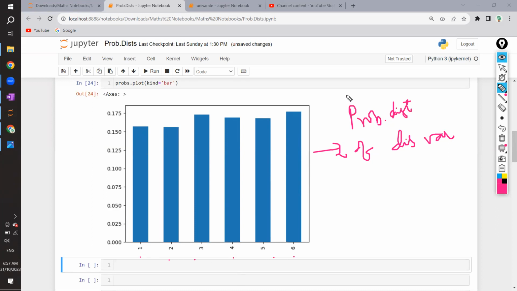We discussed bar graph, bar plot, and histogram some time back. A bar graph is usually used for discrete variables. For continuous values, we can go for the histogram. Just giving you a reminder.